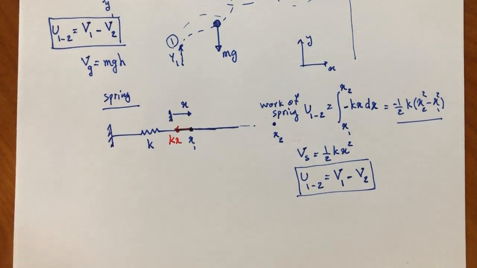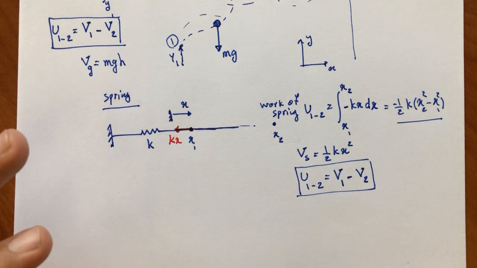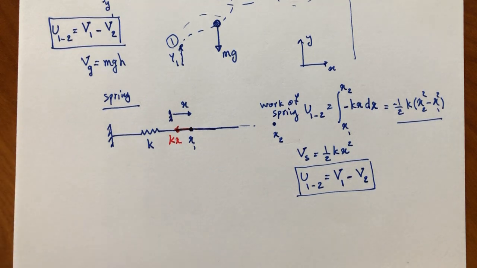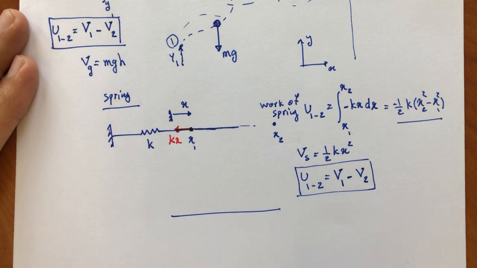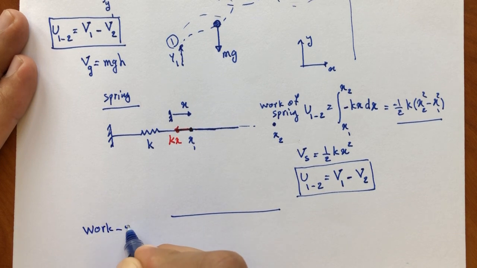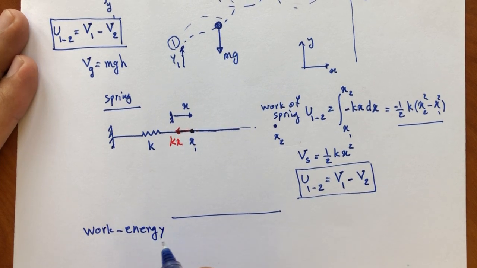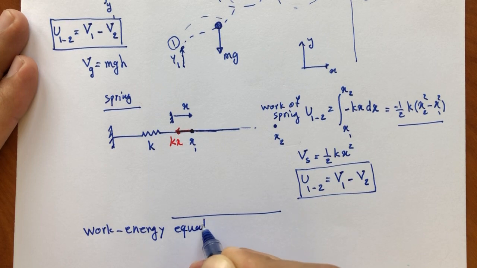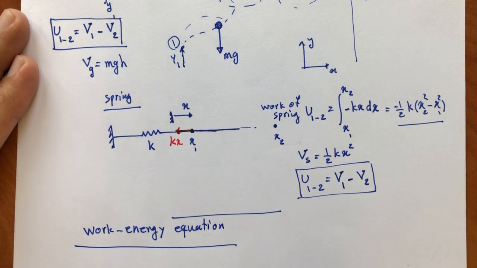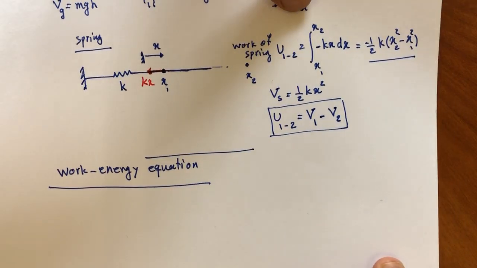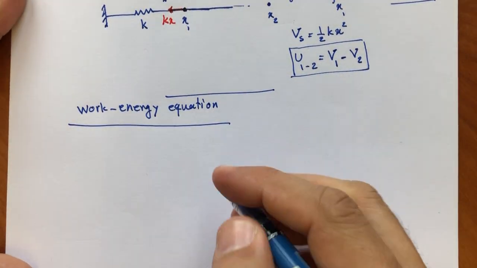Now, I'm going to add all of these together and derive the work energy equations that we are going to use for the rest of this section. Work energy equation. Let's say we have a particle.